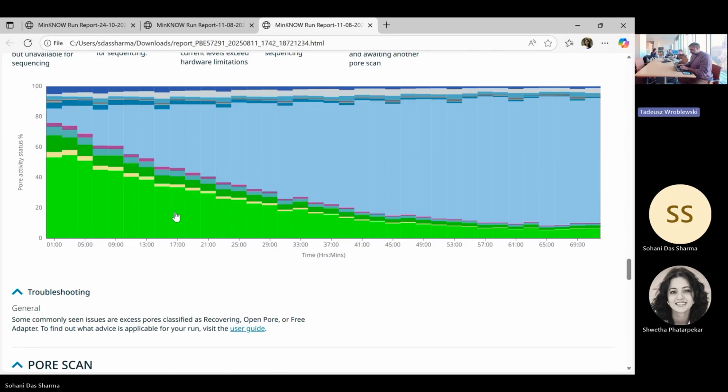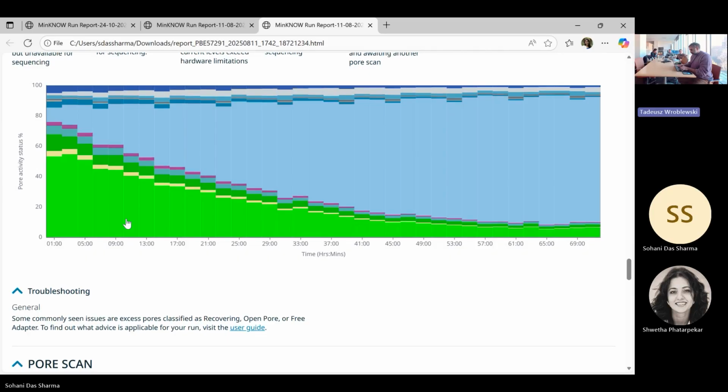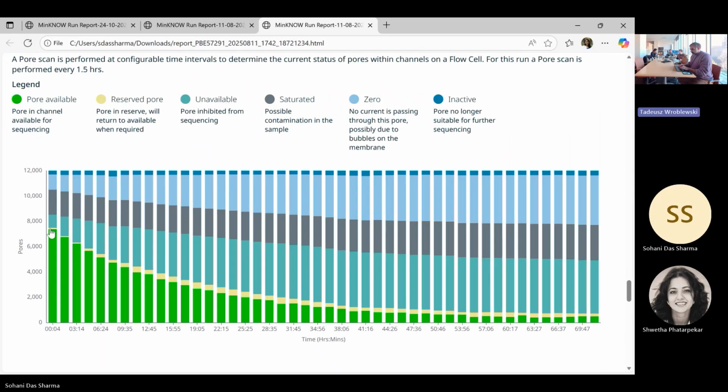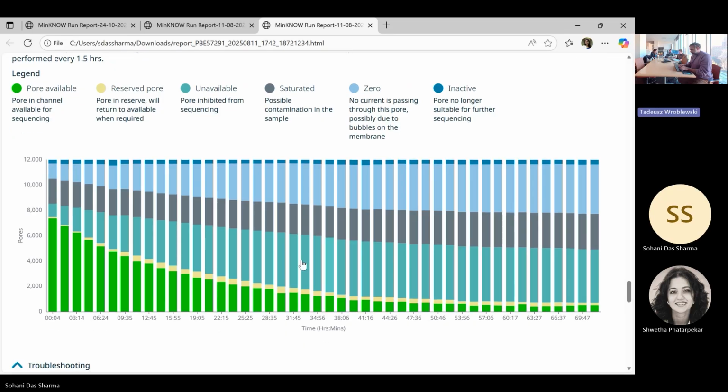I think this looks a little bit better than the previous one. A lot, right? Because the previous one went down really quickly, but this one also has a good amount of something there, which is why it decreased so quickly. And which color are we looking at for indicators of contamination?